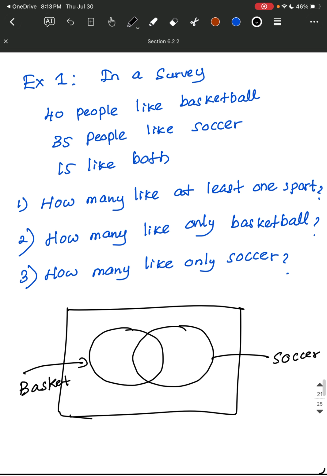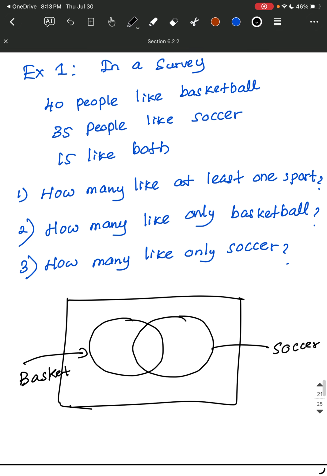The entire basketball circle contains 40, the entire soccer circle contains 35. 15 like both, the intersection, then 25 here, 20 here, right? 25 plus 15, 40, 15 plus 20, 35.